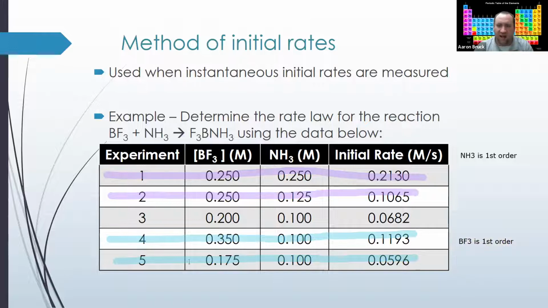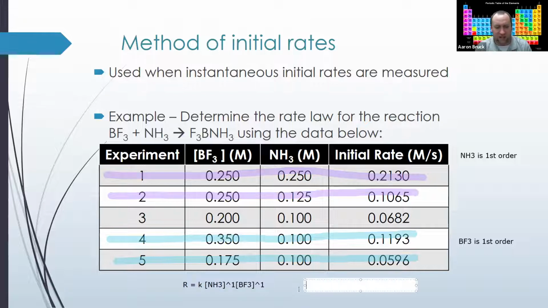And from these data, we can ultimately determine the rate of reaction is equal to the rate constant multiplied by the concentration of ammonia to the first power, multiplied by the concentration of boron trifluoride, also to the first power.